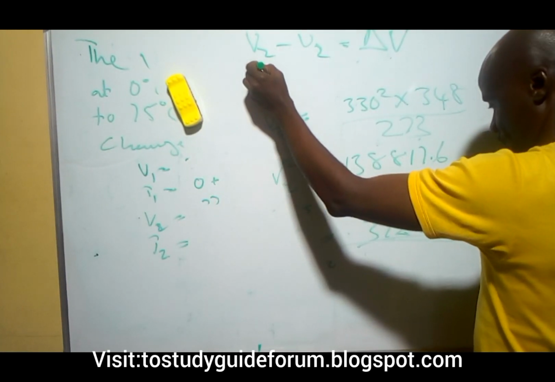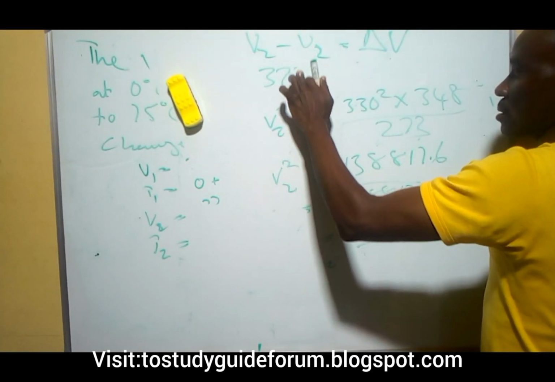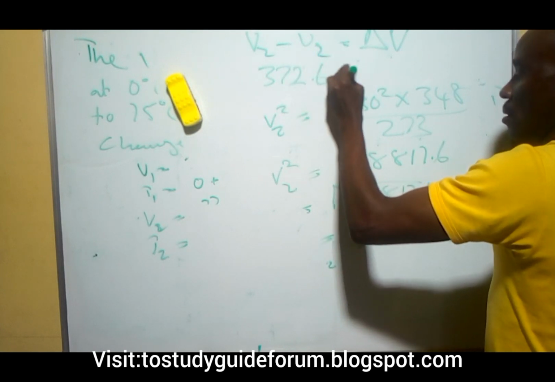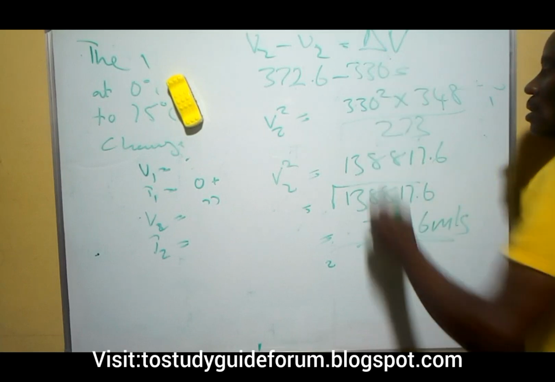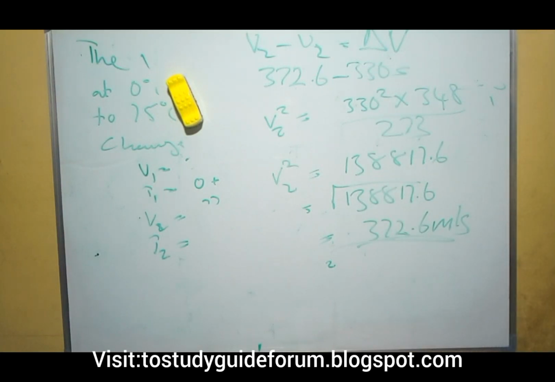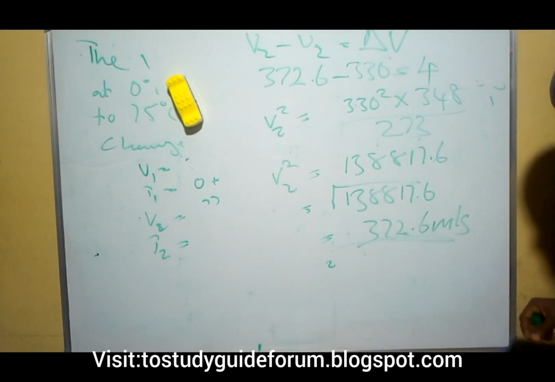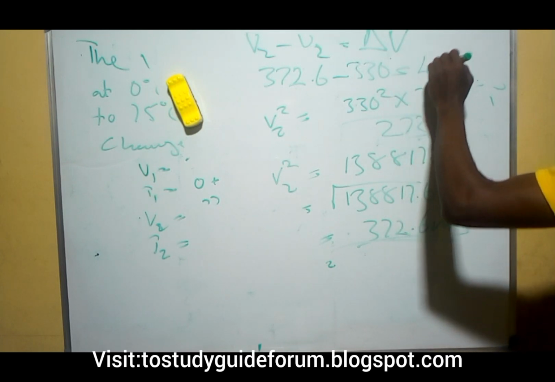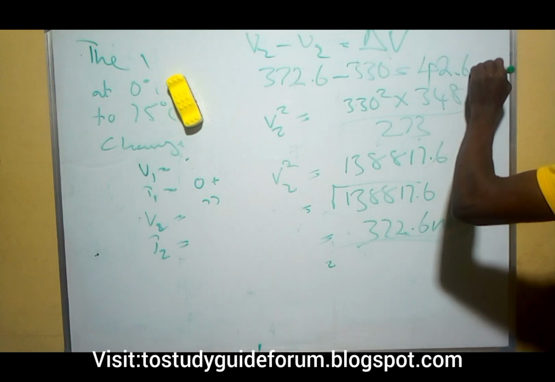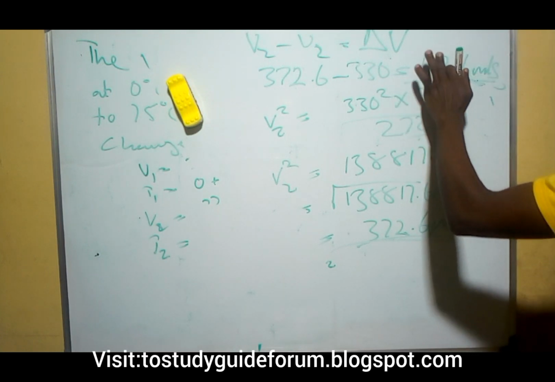That means the final velocity is this minus our initial velocity, which is this one. Then if we subtract, we have 42.6 meter per second.